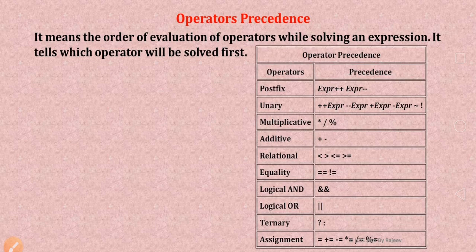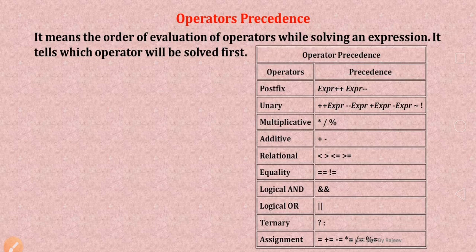So the main purpose of this concept is, for example, we are having 10 operators in an expression. Out of 10, few operators are having priorities to solve first. So which operator will be solved first, that is represented by this concept called operator precedence.